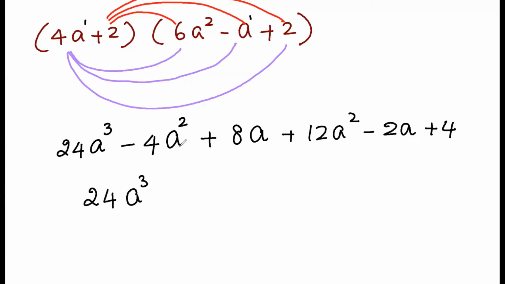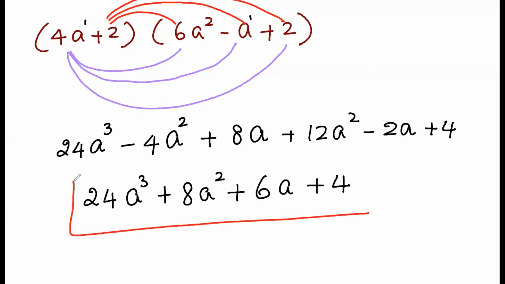So it's going to be negative 4a squared plus 12a squared, so that's going to give us plus 8a squared. 8a minus 2a is plus 6a plus 4. Here you go. You have the product. So the product of that binomial and trinomial is a polynomial with 4 terms.